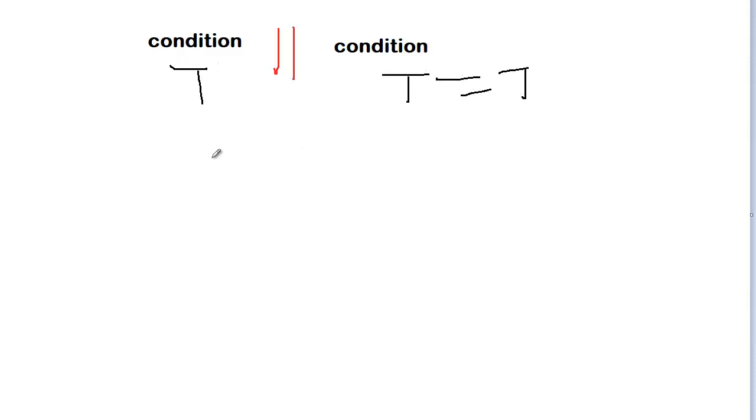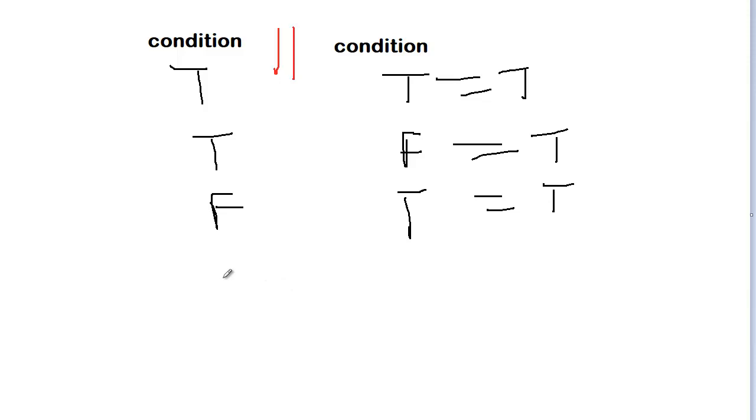If one condition is true and one is false, it is also true. If the first condition is false and the second condition is true, it is also true. If both the conditions are false, then the result is false.